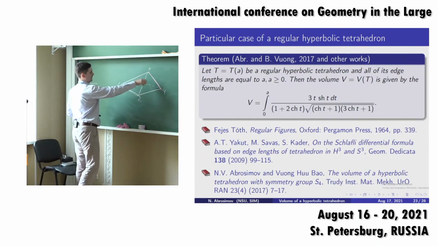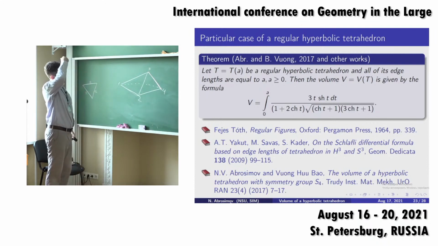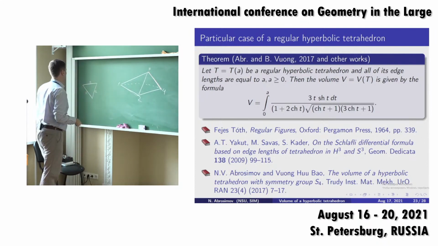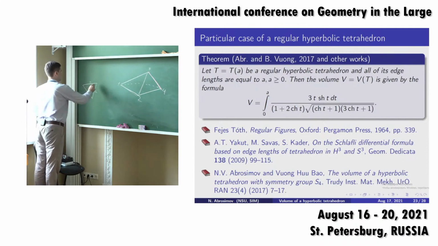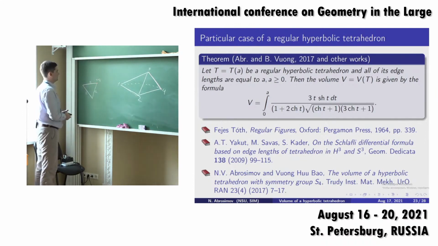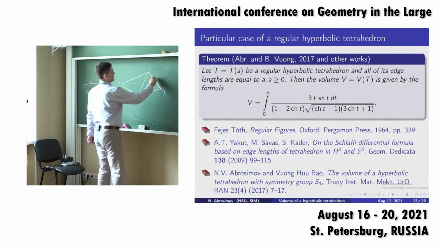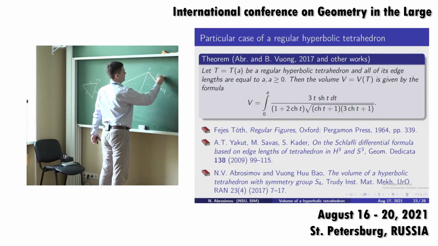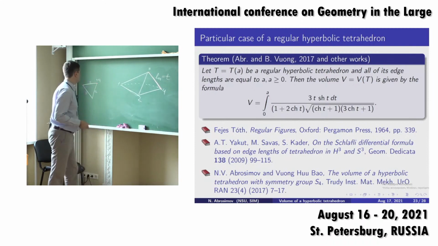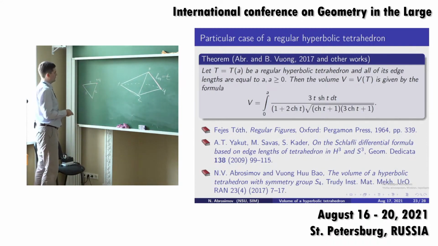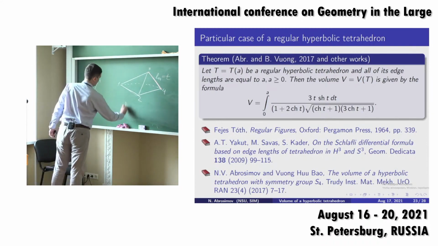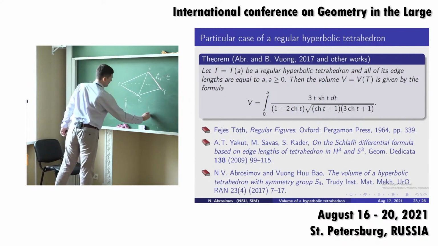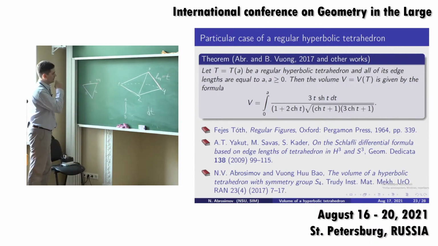And here all the edges, all the white edges, are equal to A. And the distance between vertices 3 and 4 is 0. So we integrate by, well, this is L34, or we denote it by T. We integrate over T from 0 to A. T is a variable of integration.